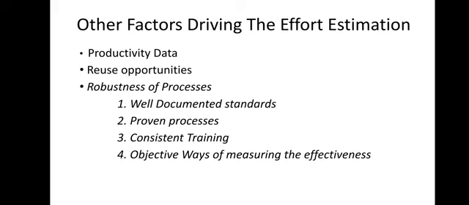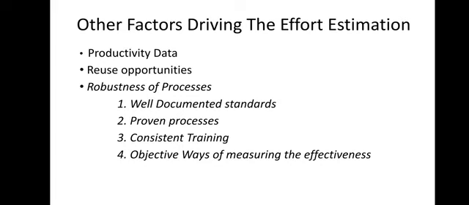When we talk about robustness, we have to say that well documented standards for writing test applications, test scripts should be there, proven processes should be there, consistent way of training people should be there. So these are the things that we consider under the point size and estimation related to testing of tasks.